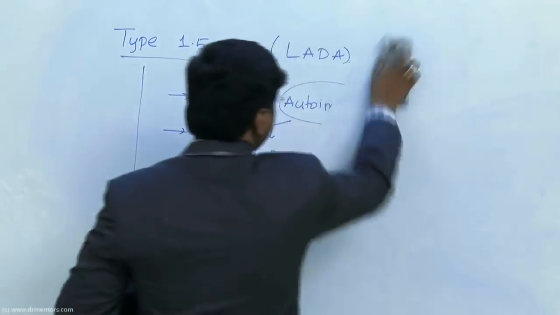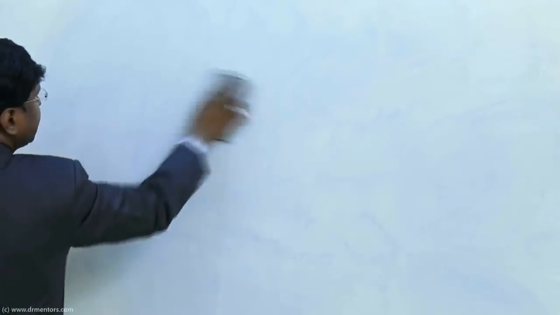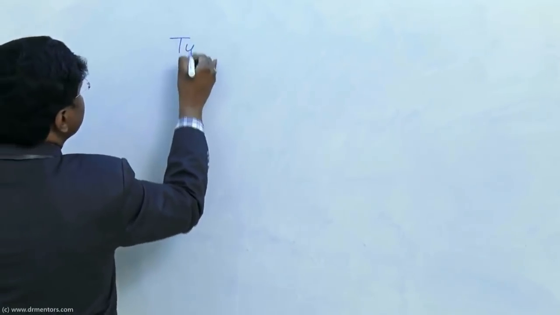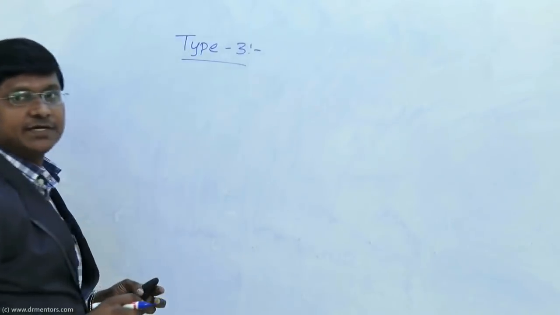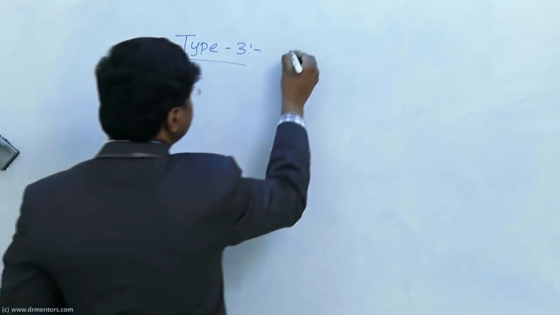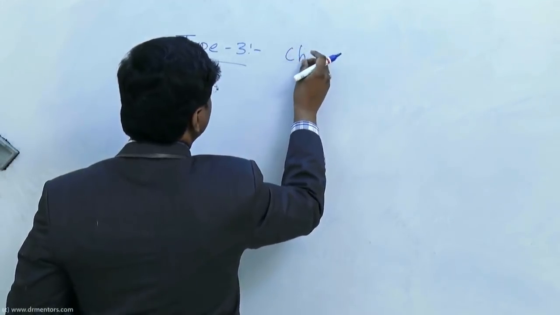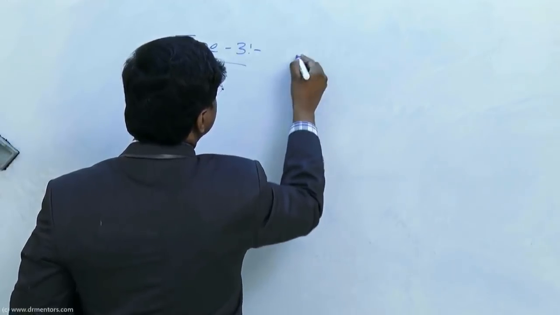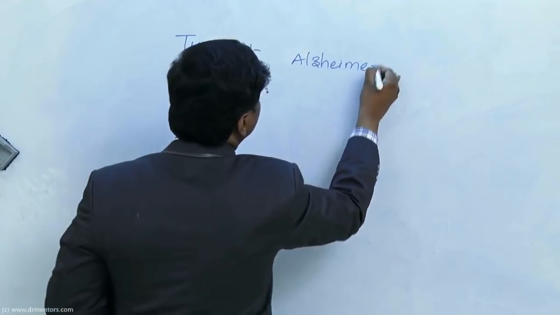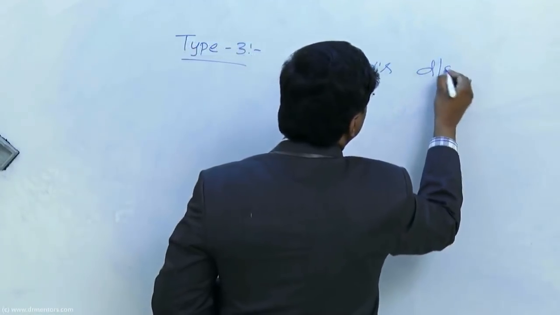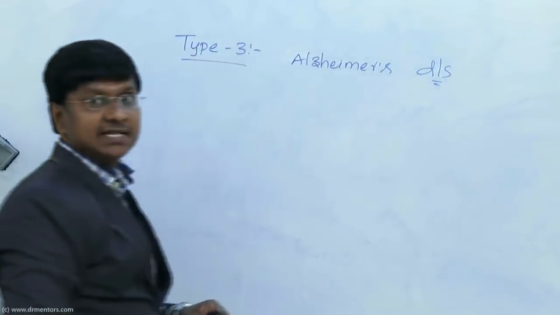Next, we have another form of diabetes mellitus, which is called type 3 diabetes mellitus. Type 3 diabetes mellitus is seen in patients with Alzheimer's disease.